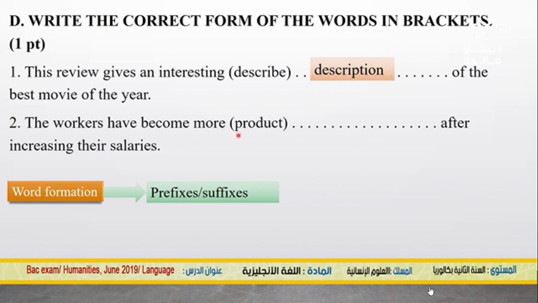So you need to provide the comparative form of product. So what are we going to say here again? Well, we are going to say this. The workers have become more productive after increasing their salaries.